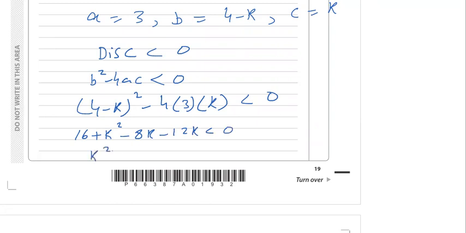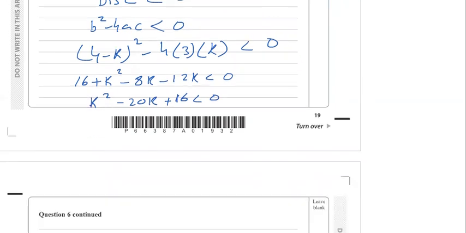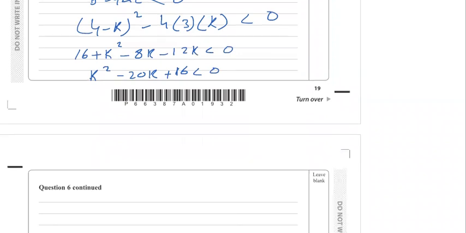That is going to be k square minus 20k plus 16 less than 0. Now from here we need to find the values of k for which it will be less than 0. This is a quadratic inequality. So for the solution of the values of k, I will put it equal to 0: k square minus 20k plus 16 equal to 0.